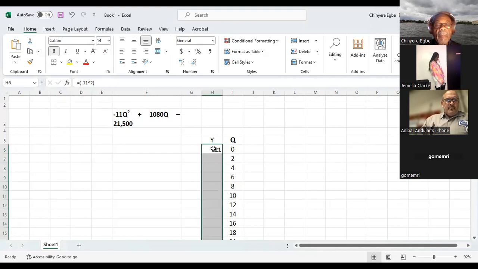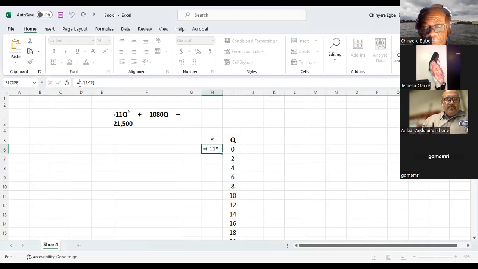All right. You can see here already minus 11 to the power 2 is 121, but that's not what we're doing. Minus 11 to the power 2 plus 1080.